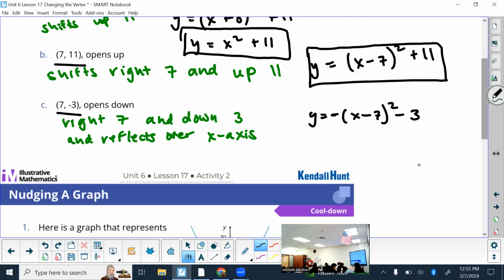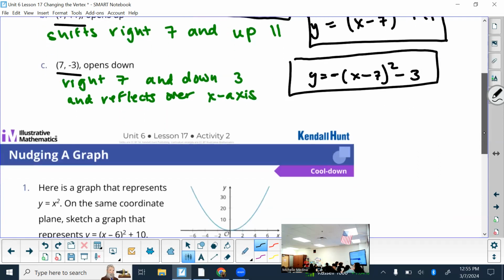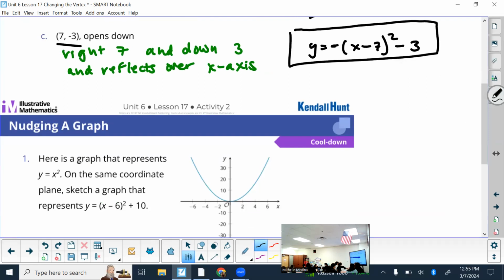Okay, so then the last part, the cool down. Hopefully you can sketch from the vertex form. So table 5, the first one of the cool down. Let's start with what the vertex is. So from the equation, what's the vertex? 6, 10.